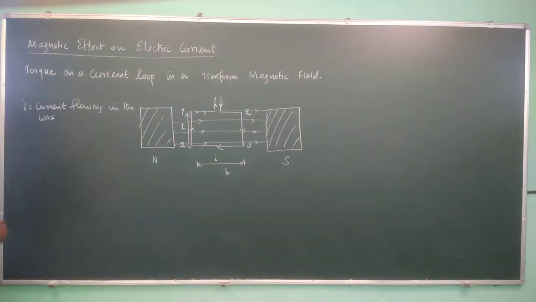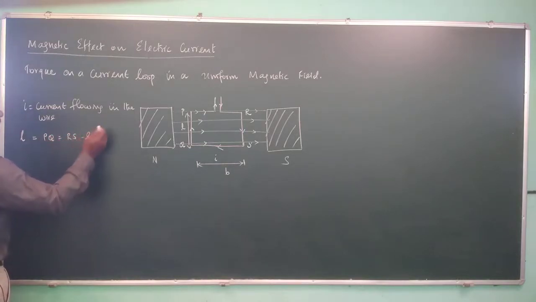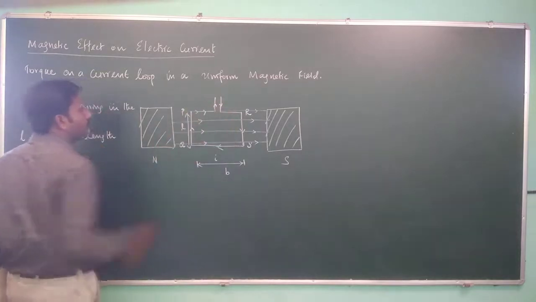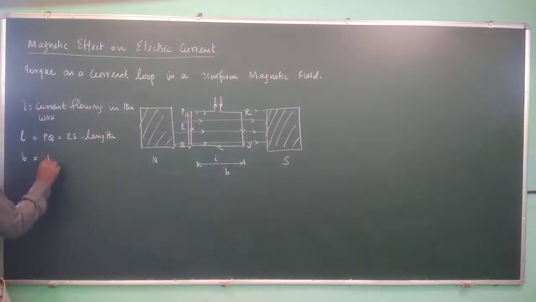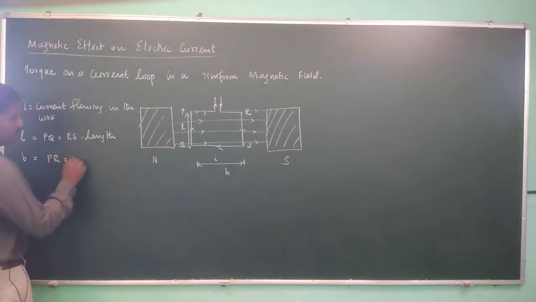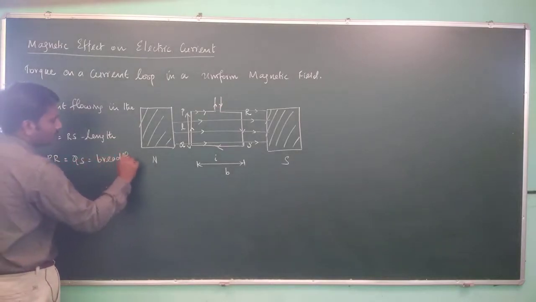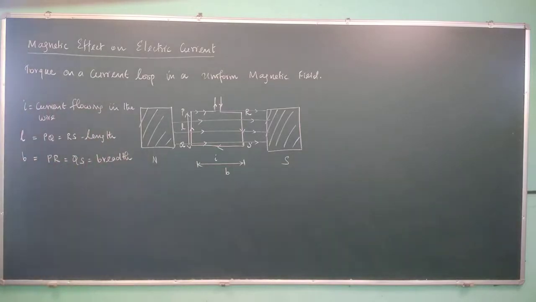So the length of the wire we can write as L, which is nothing but PQ and RS. And this we can write as the breadth. Breadth is nothing but PR, QS, the breadth of the wire.